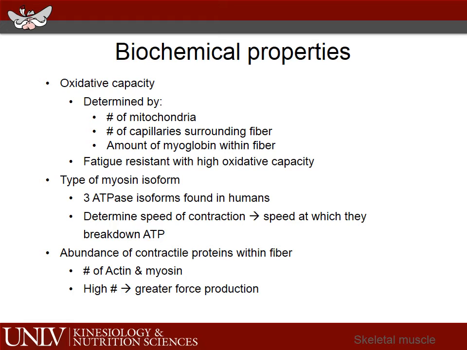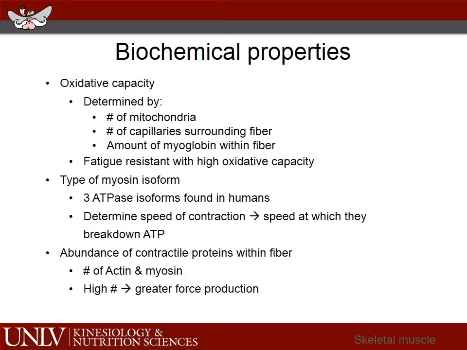So then you have the abundance of the contractile proteins within the fiber. This refers to basically the number of actin and myosin that are comprised within the sarcomere. If you have a higher number of actin and myosin, then you can produce a greater force. So it comes in two ways, right? Not only the overall number, but actually, more importantly, the number that are involved in the contraction.